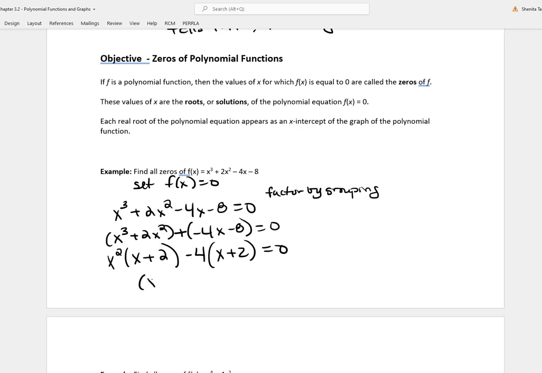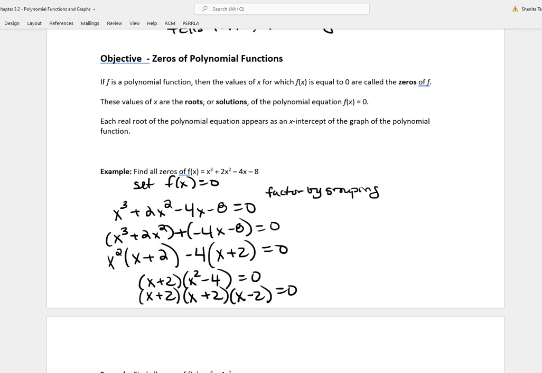As you can see, x plus 2 is common in both groups. We're going to factor that out, and we're left with x squared minus 4. X squared minus 4 is a difference of squares. So this factors into x plus 2, x plus 2, x minus 2 equal to 0. So what you can do now is set each one of your factors equal to 0.